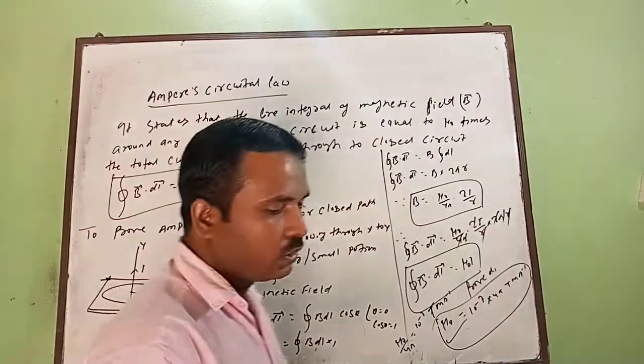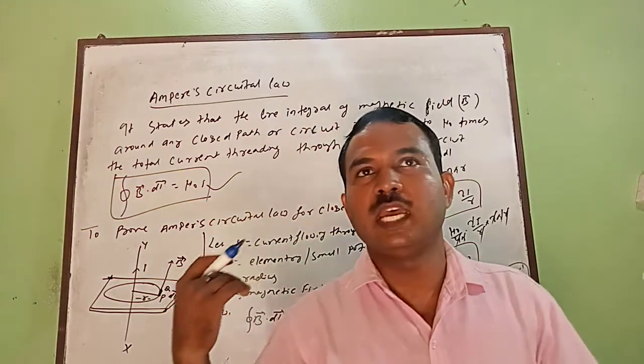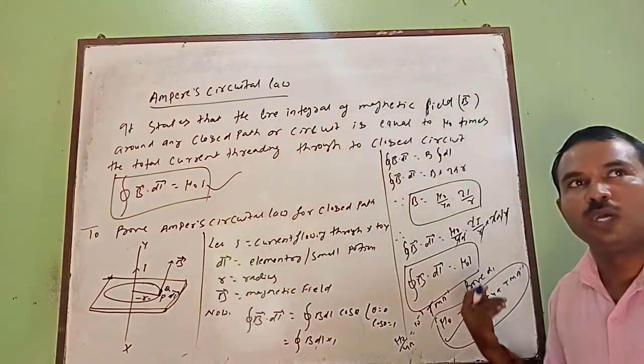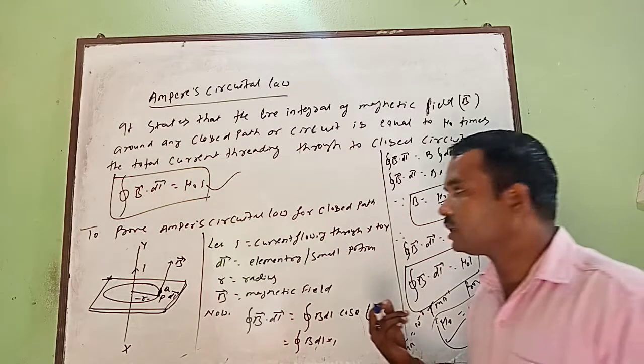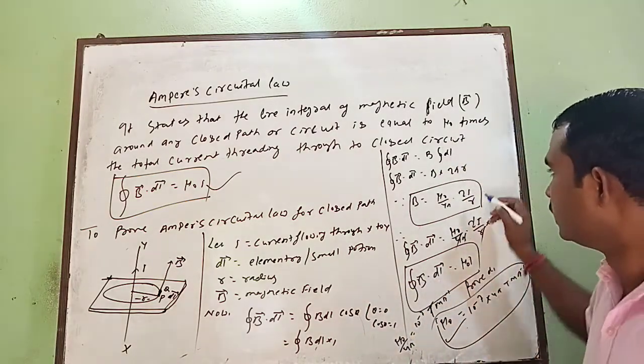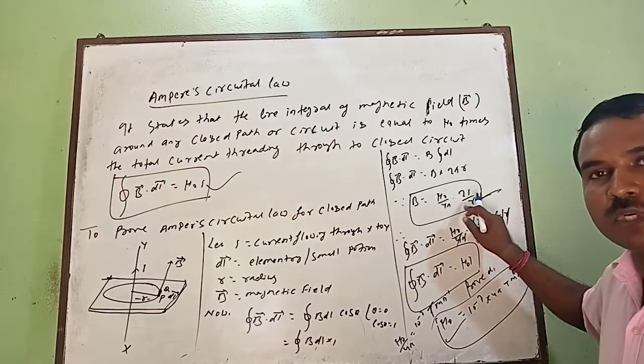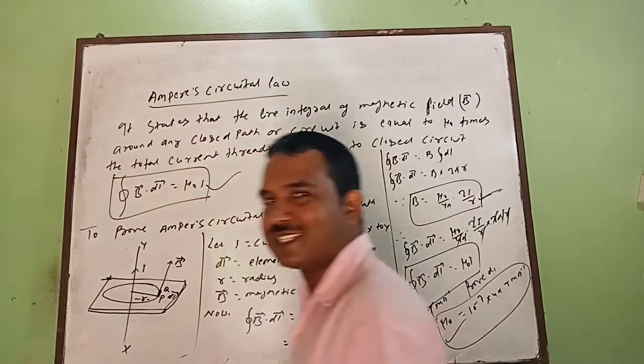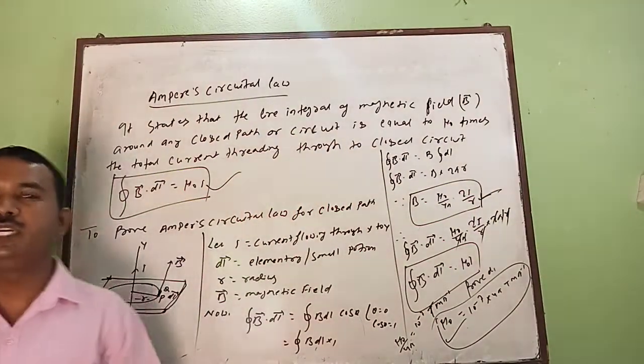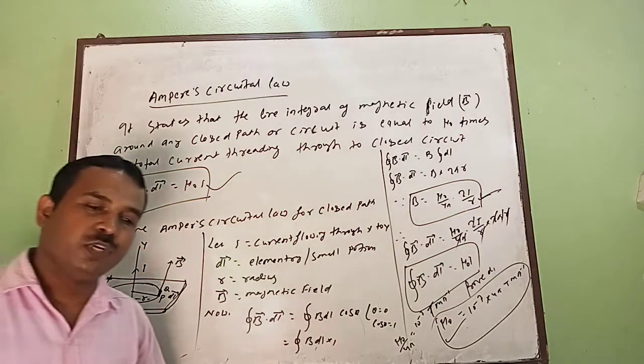So many questions you will solve with the help of this Ampere circuital law. Basically IIT aspirants should see this. You will also use this formula when we start the applications, after completing the arbitrary case.